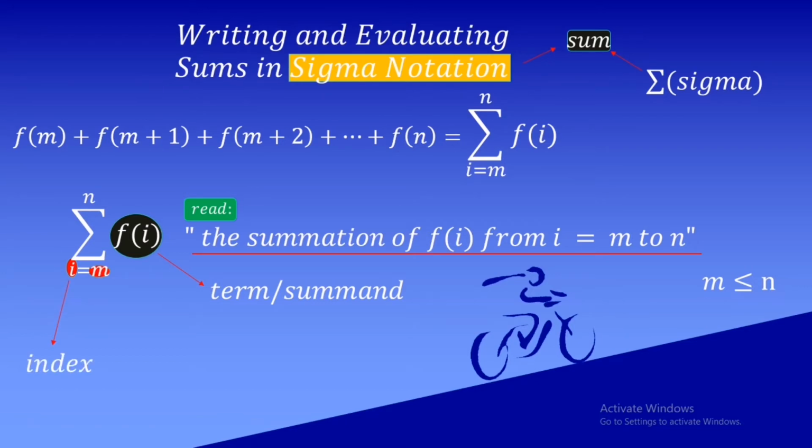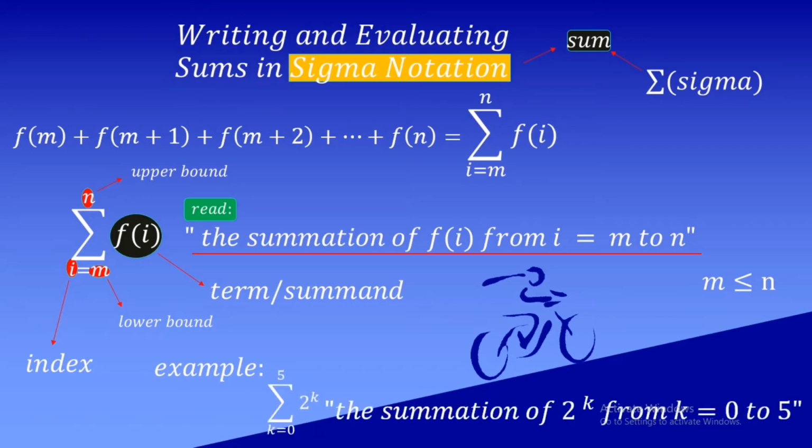And each value starts at m. Okay, dito magsimula ang value ng ating variable i, which is also known as the lower bound, increases by 1 and ends at n. That is what we call the upper bound. Okay, for example, how do we read this given example?